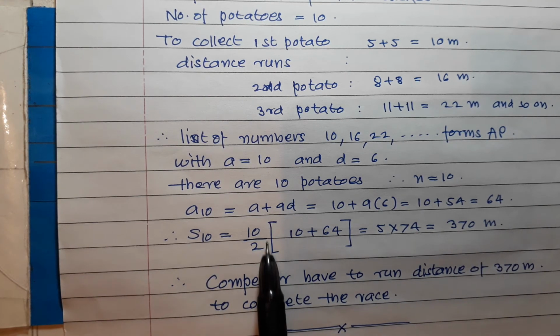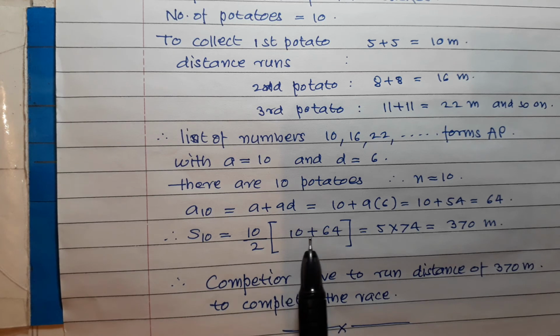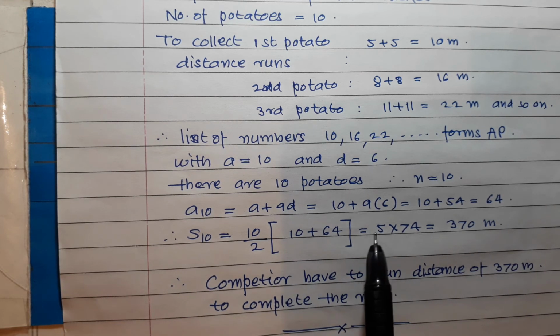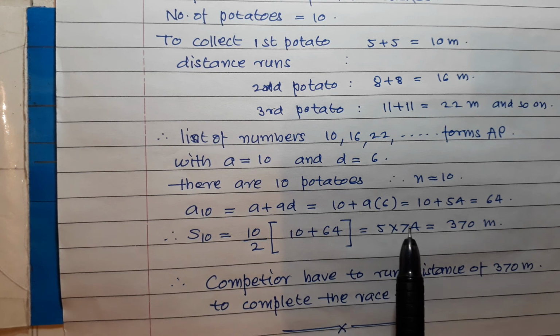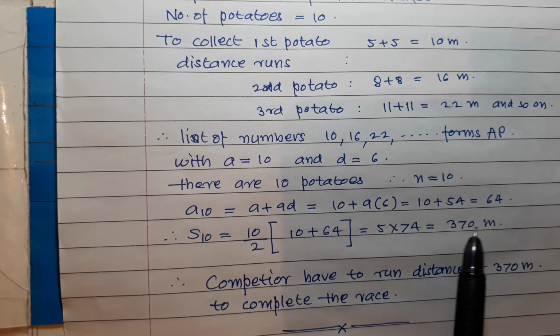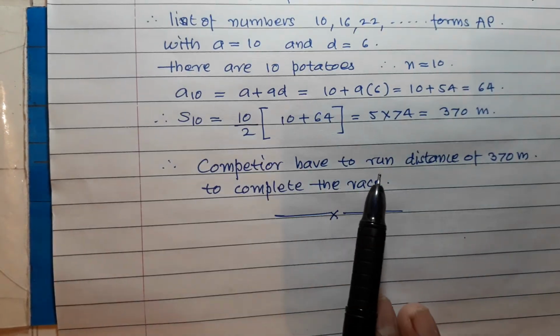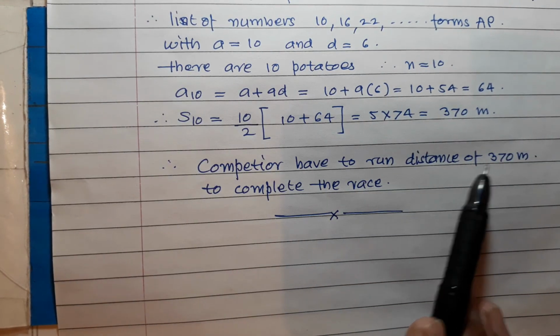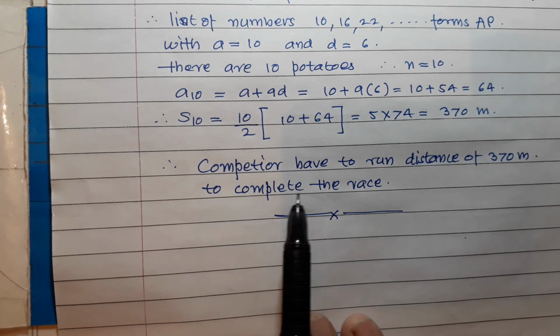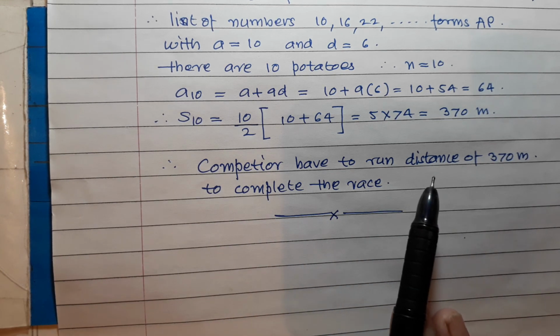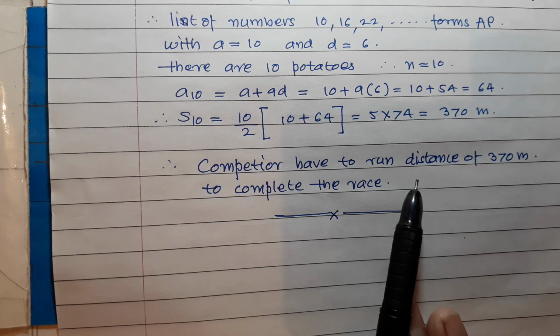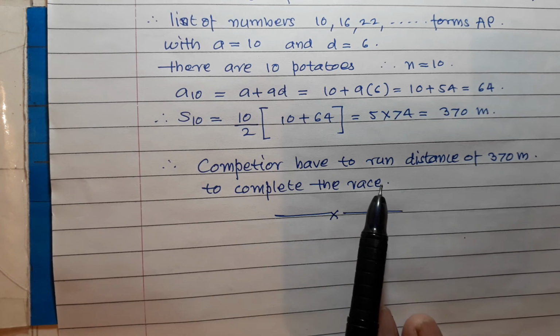S10 is equal to 10 upon 2 into bracket a plus l, that is 10 plus 64, equal to 5 into 74, which gives you 370 meters, and hence the competitor has to run a distance of 370 meters to complete the race. Okay, now it is enough for today.